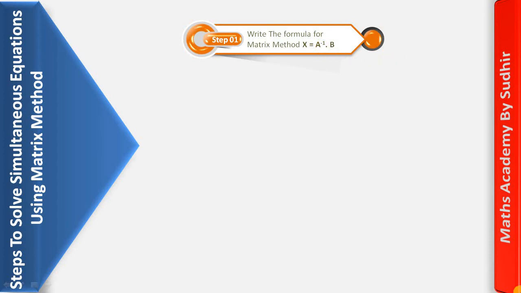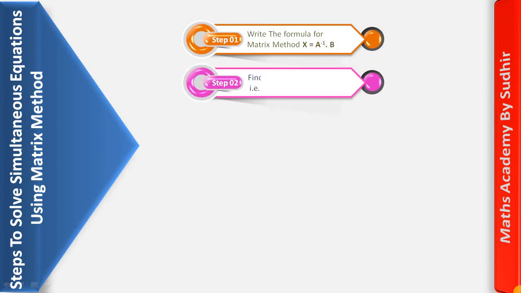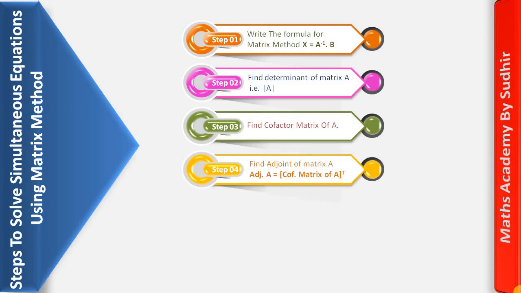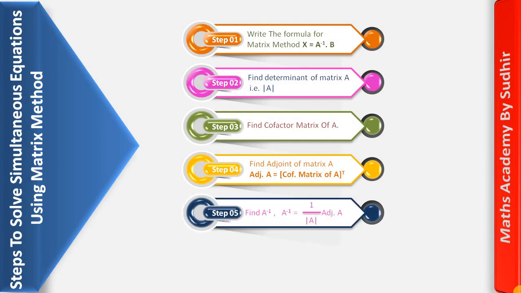Step 2, find the determinant of matrix A. Step 3, find the cofactor matrix of A. Step 4, find the adjoint of matrix A, using the formula: the transpose of the cofactor matrix of A. Step 5, find A inverse using the formula 1 upon determinant of A into adjoint of A.